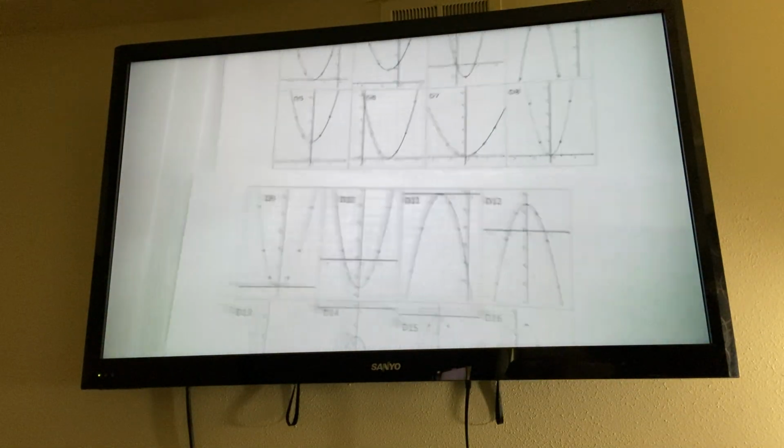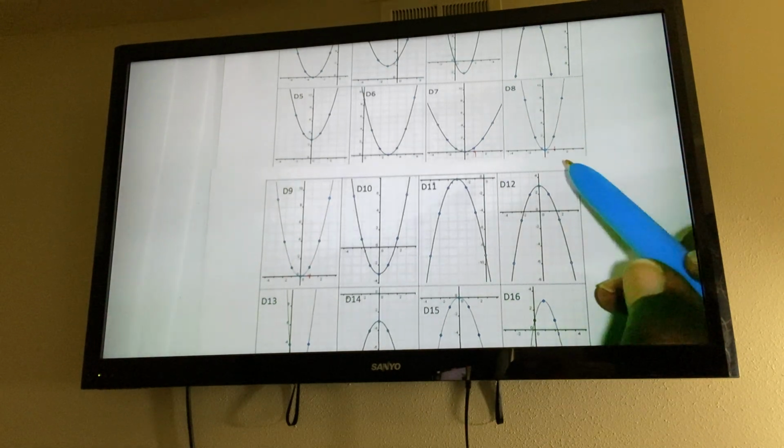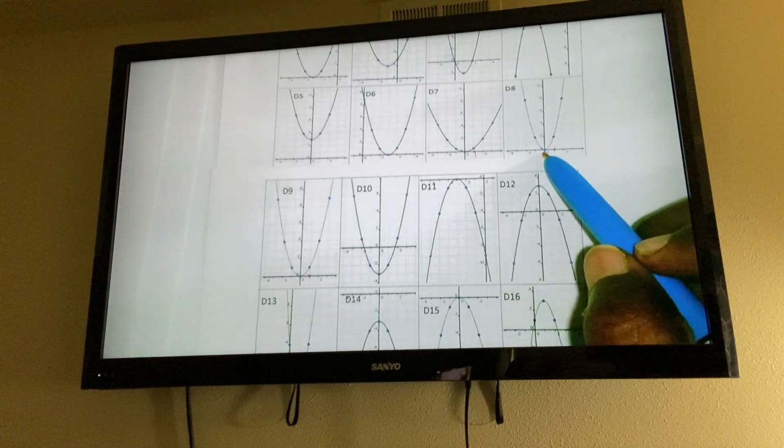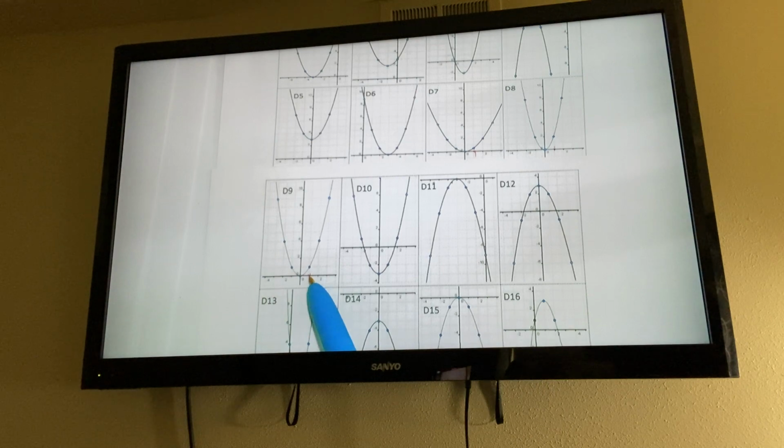Okay, so let's go back. Look at our options. And which one had the coordinate 1, 2? Well, this one has the coordinate 1, 2. This one has the coordinate 1, 1.